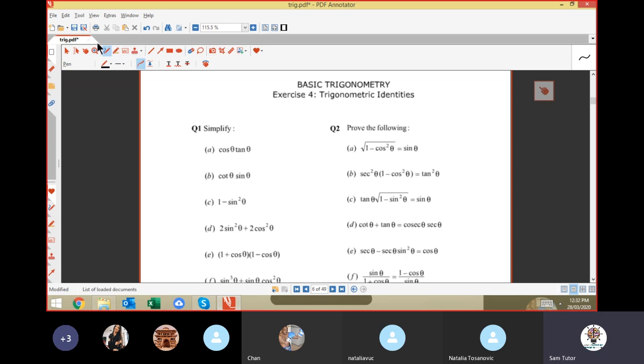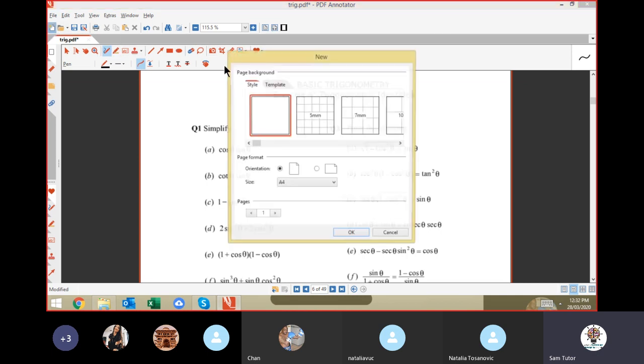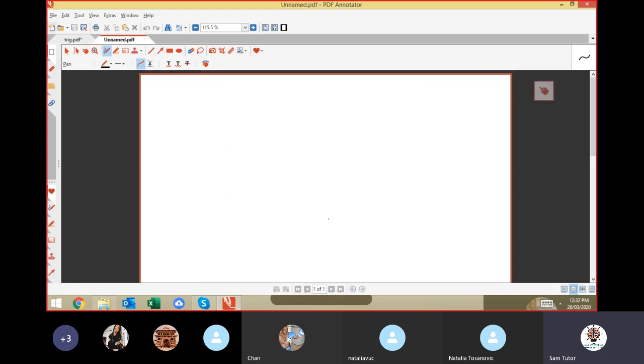What we need to do now is learn some new identities. There's not many for the advanced course, which is good. So we have a few new words that we've got to learn. We have sec theta, cosec theta, and cot theta.